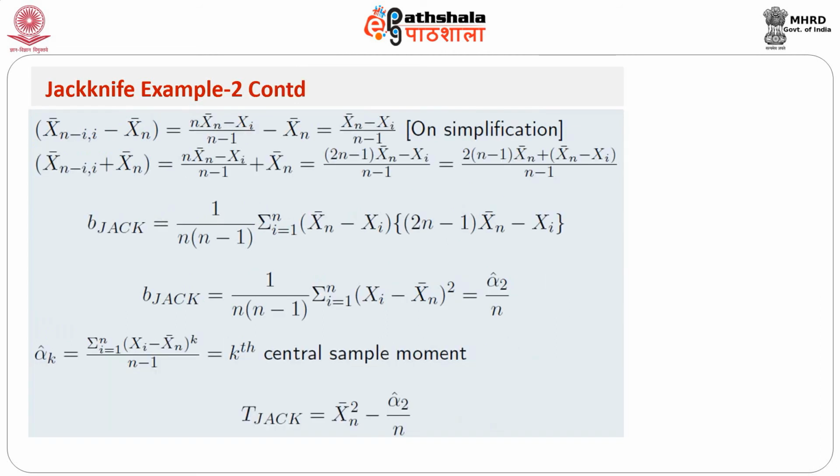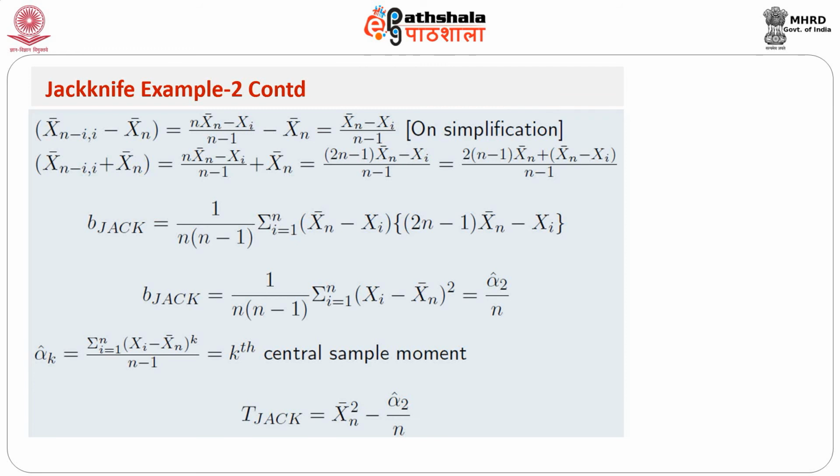On further simplification, it can be shown that x bar n minus 1,i minus x bar n is equal to (x bar n minus xi) divided by n minus 1, and x bar n minus 1,i plus x bar n reduces to 1 by n into n minus 1, summation i runs from 1 to n (xi minus x n bar) whole square, which is alpha 2 square by n.